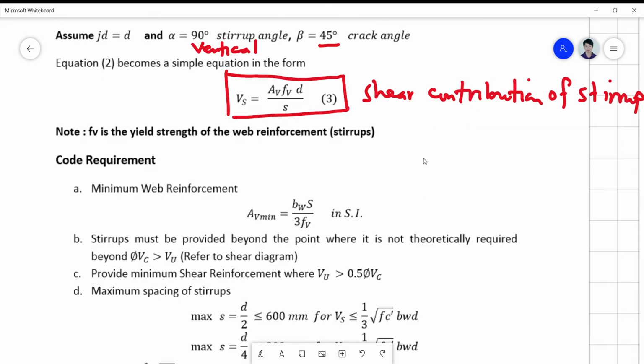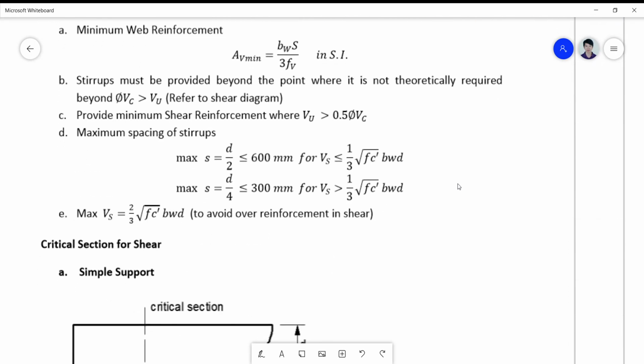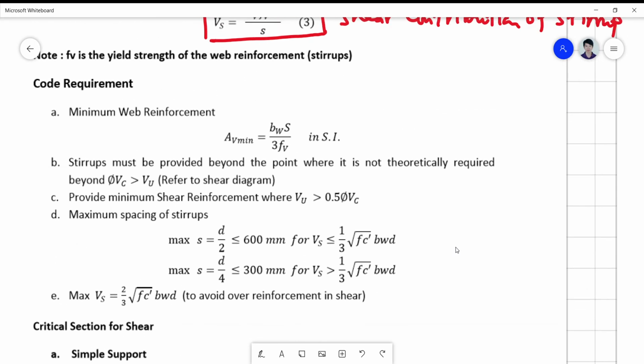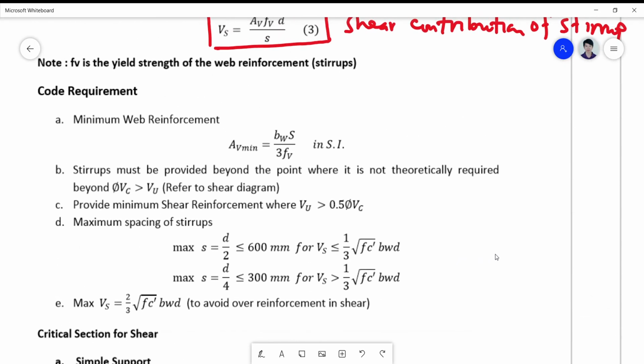So for the code requirements, let's have some important provisions which we have to check later for us to be able to ensure a safe design.